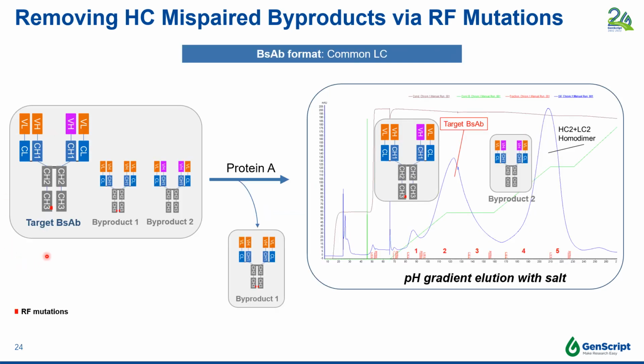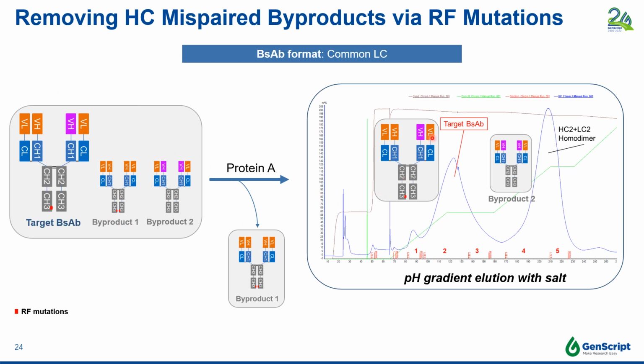In this case, there's no knob-in-hole or Fc charge pair on the Fc region, but only an RF mutation on one side. So we get two homodimer byproducts, one with RF mutations and one with Y-type Fc. When the sample is loaded to a protein A column, the RF homodimer just flows through.